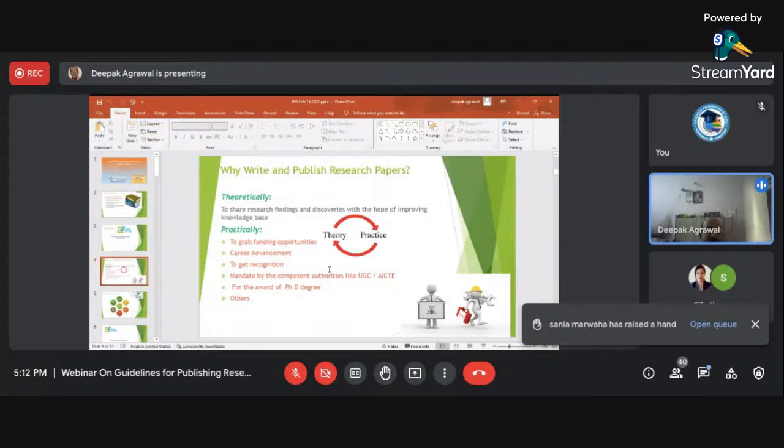A good quality research paper may provide you funding from various agencies so that you can work later on to produce more meaningful results or outcomes which are again beneficial for the betterment of the society. This is one of the practical aspects of publishing a research paper.